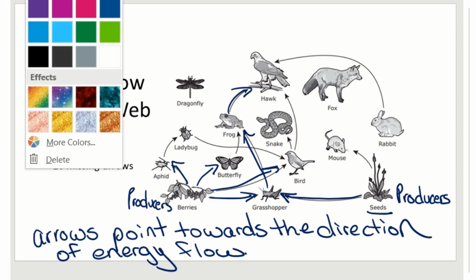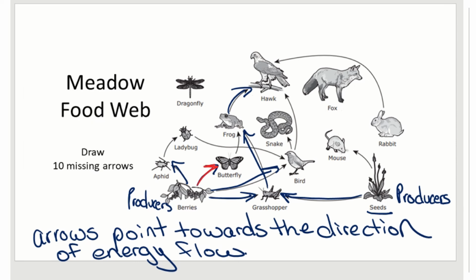So let's change the color here and we're going to make that red for the missing arrow. So that's one. We still need 9 more to go. Now, if we continue this flow, we see that berries can also get eaten by aphids, which get eaten by ladybugs, and then ladybugs can get eaten by birds, but they can also get eaten by dragonflies.